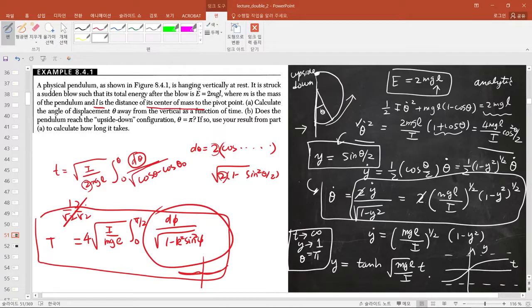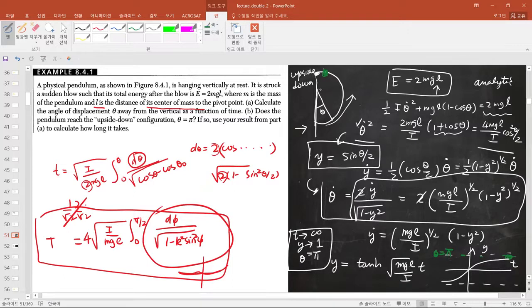So you see, I told you that it takes infinite time to reach. You just start from here and make one complete revolution. It takes infinite time to reach theta equal to pi.